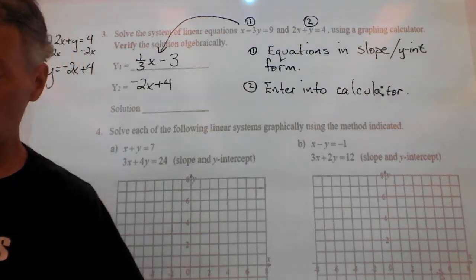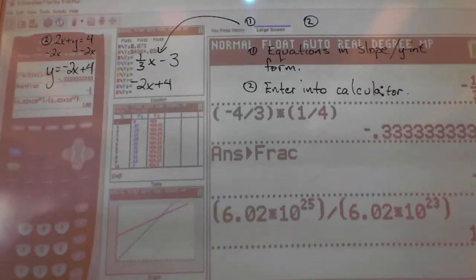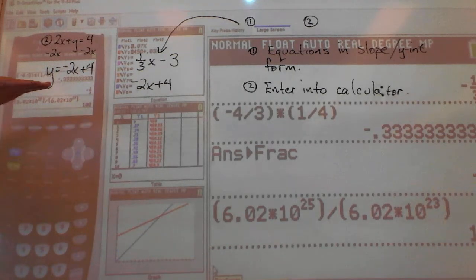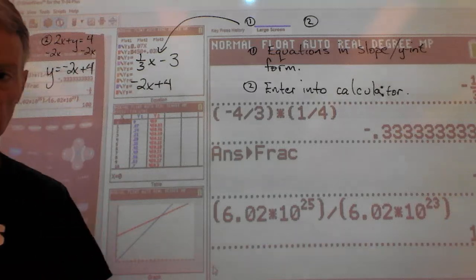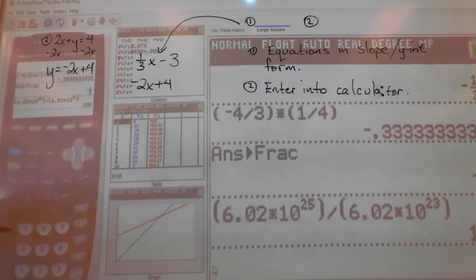Now we're going to go to our graphing calculator. Okay, so here's our graphing calculator. We've got our equations, and what we need to do in order to enter them is, if you see in the very upper left-hand corner, there is the button that says y equals.